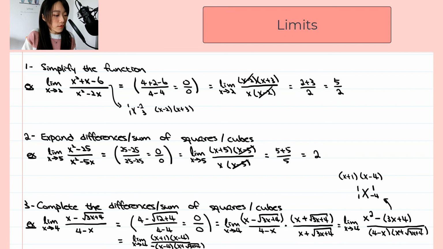So the x minus 4 in the numerator can cancel out with the x minus 4 in the denominator. Now let's try the chaining rule again. We substitute x by 4. So the numerator is 4 plus 1 over negative of 4 plus square root of 16, which equals 4. So this limit equals negative 5 over 8.